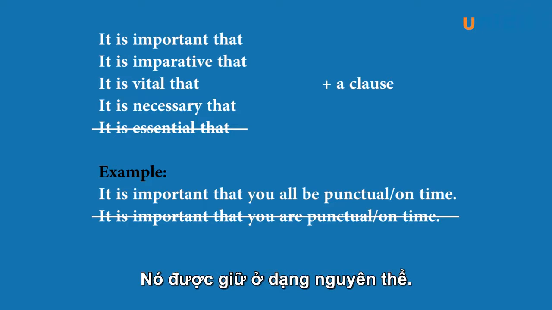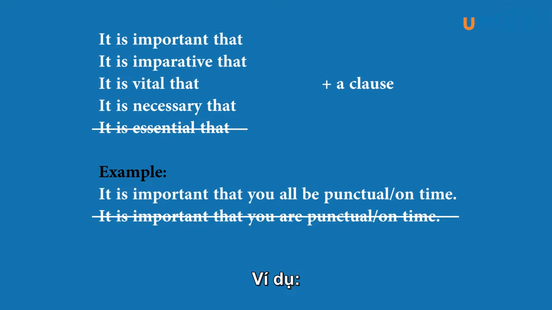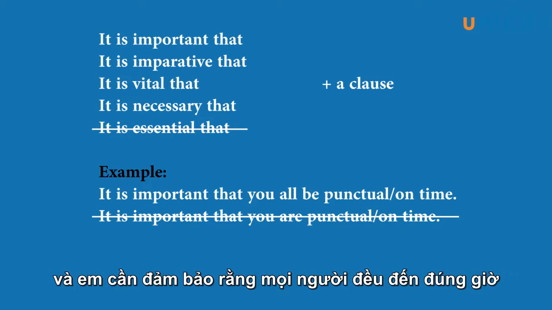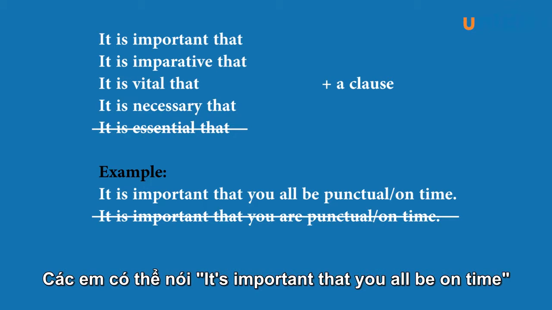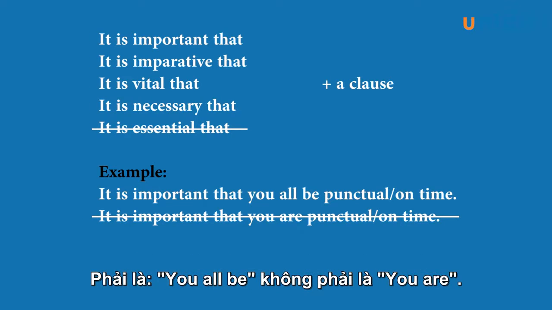It's always the base form. For example, it is important that you all be punctual. For instance, tomorrow we're going to have a very important meeting and you want to make sure that everybody is on time. So you can say, it's important that you all be on time. So you have to use the base form of the linking verb to be. So it should be you all be, not you are.